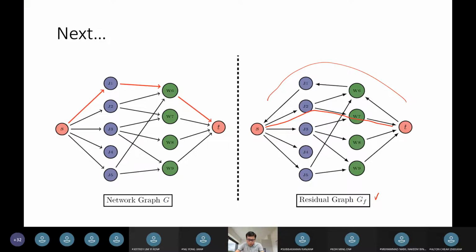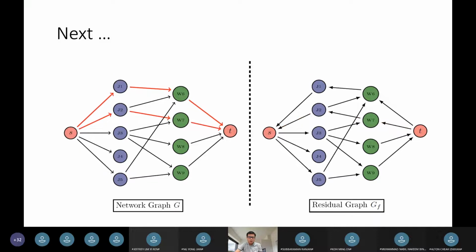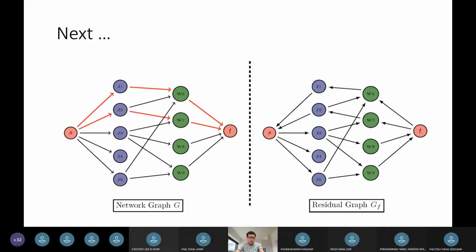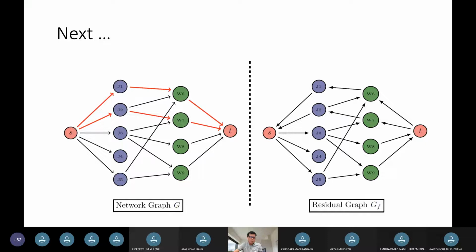Then what do we do? We update it into the original graph, so we update it into this graph. We highlight it, you can see the red one. We found a new path in the residual graph, then we record it in the network graph.